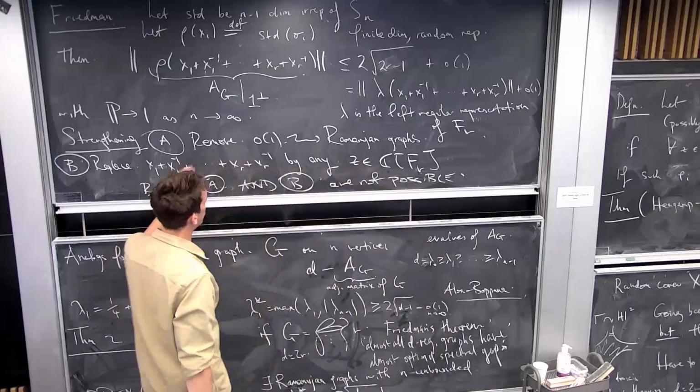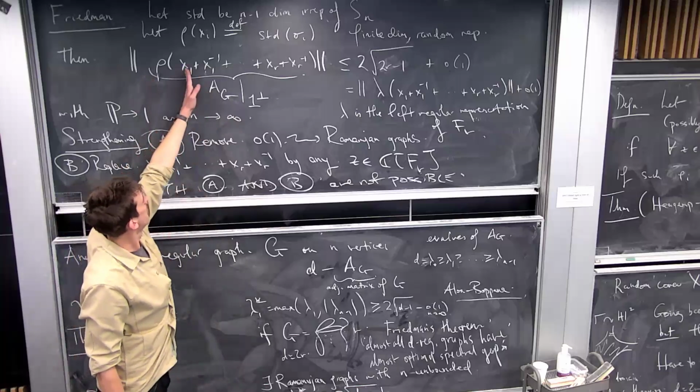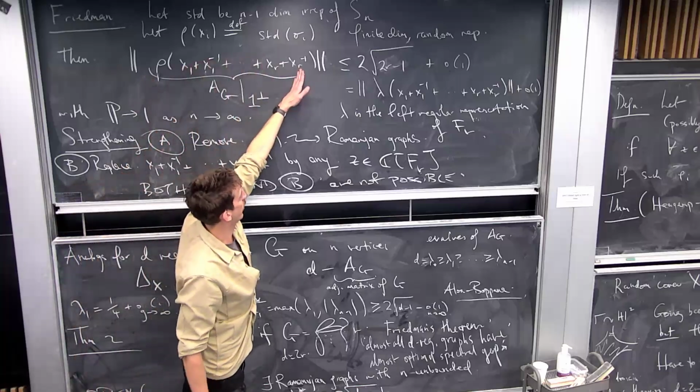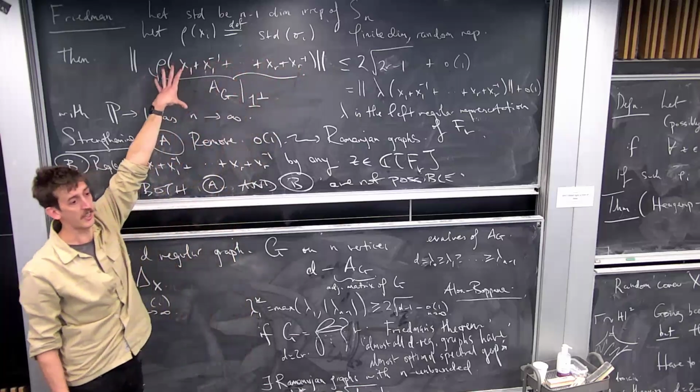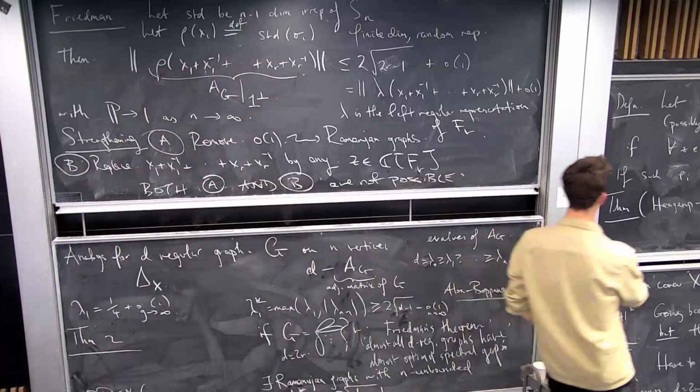So a natural question is, can we actually just replace this linear element here by any z in this exact setting, in the Friedman setting? And the answer is yes. That's the theorem of Bordenave and Collins.